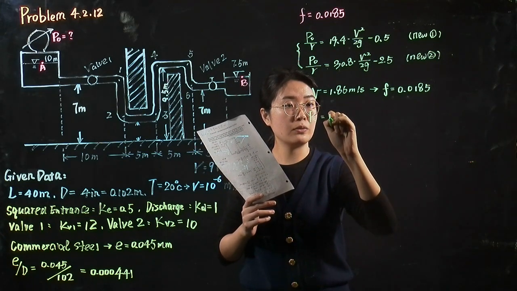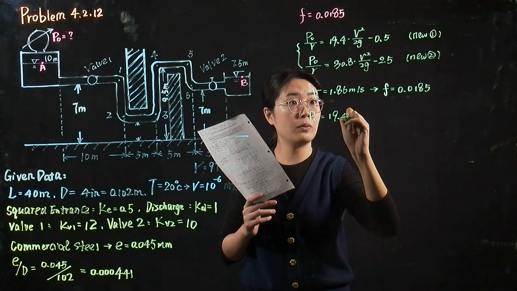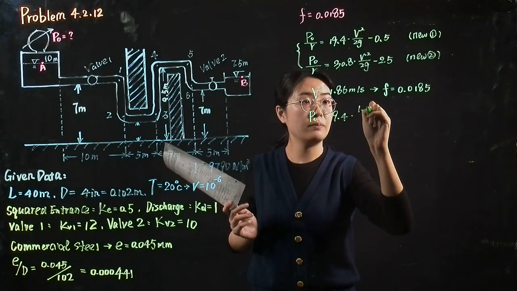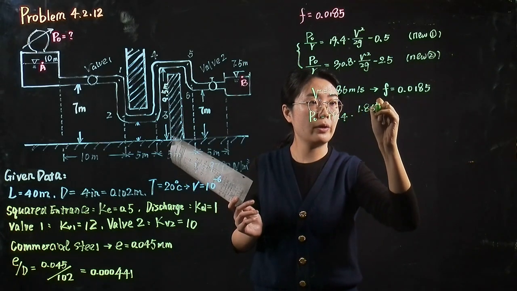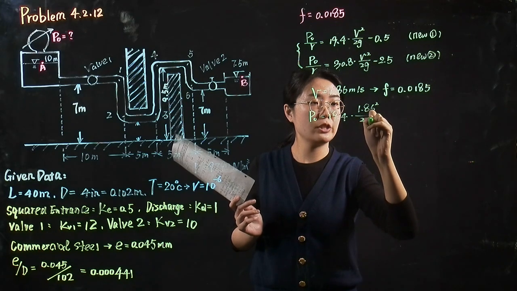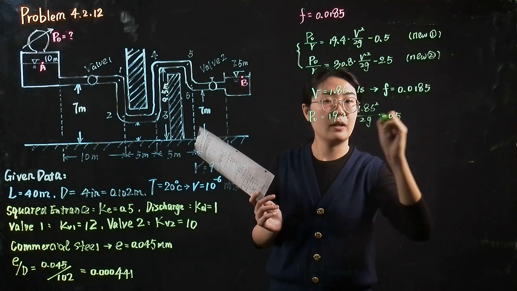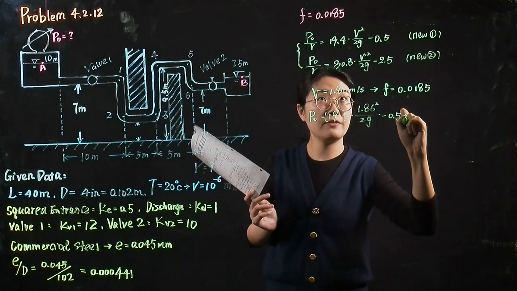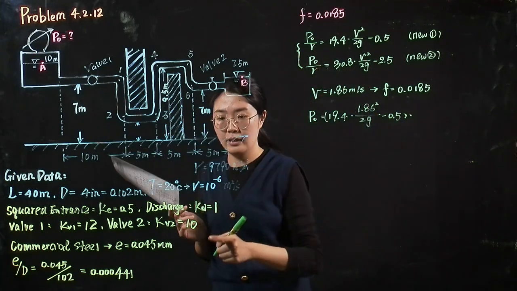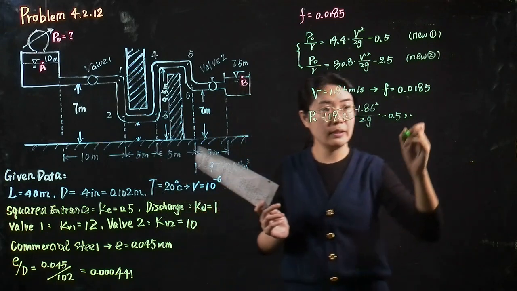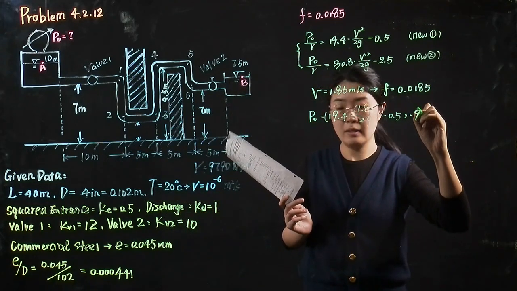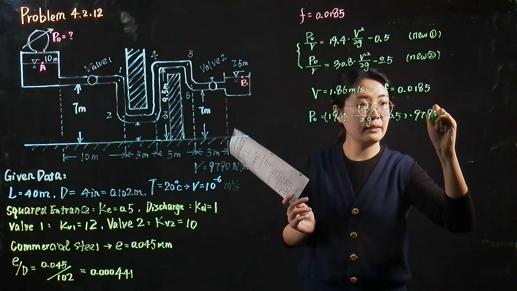It equals 19.4 times 1.86 squared over 2g minus 0.5, and then times the specific weight of water, which is given here as 9,790.